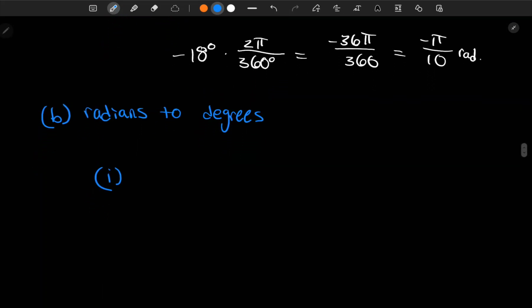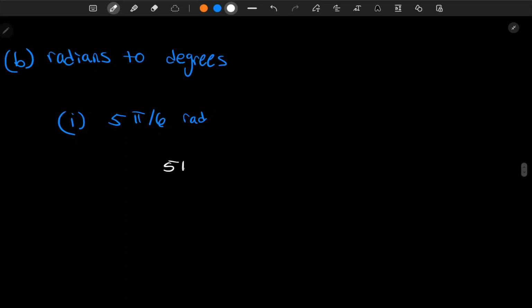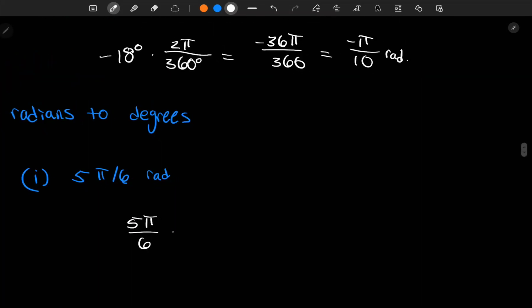So we take, for example, a value 5 pi by 6 radians. We wish to convert that to degrees. Well, we take 5 pi over 6 and we multiply by the inverse of what we multiplied by before. So we multiply by 360 degrees divided by 2 pi radians.